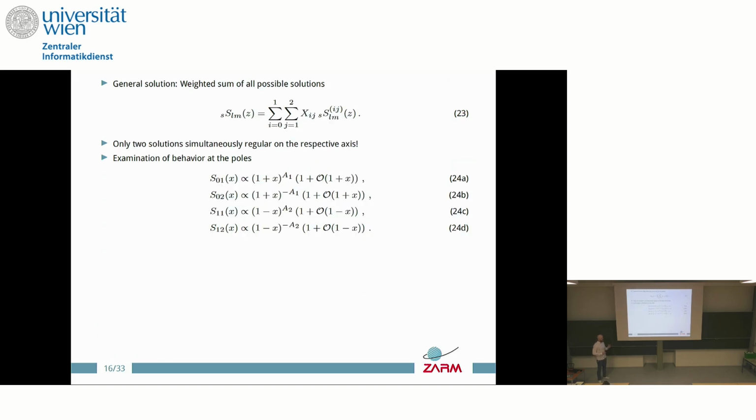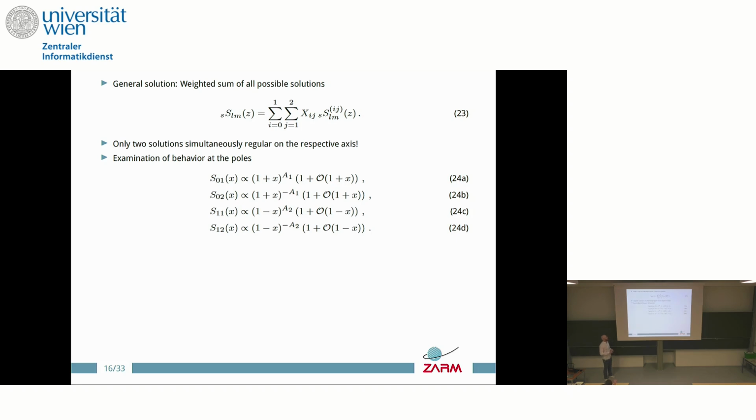Then we have 4 solutions at 2 regular singularities, and we now have to look at which of these expressions will be regular at the poles.